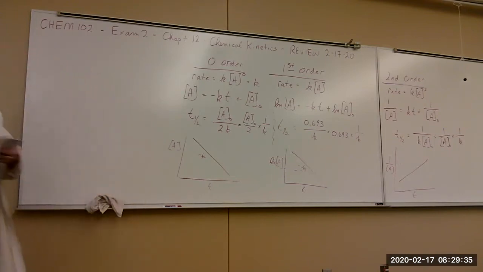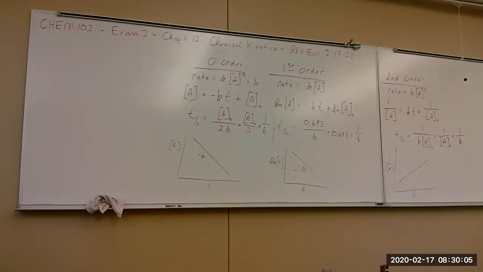Let's see if there are any more simple ones that kind of lead up to the more difficult. And that's too simple. Okay. 6 and 7, we're talking about mechanisms. We'll come back to that one. I'm looking for other types of problems. Okay.